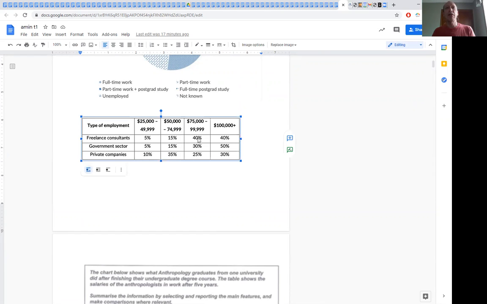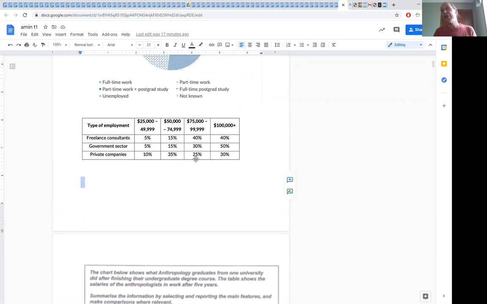What's the first thing I noticed? Well, here we have 80% of the freelance consultants and government sector workers earning in the top 2 salary brackets, which is quite different for people working for private companies.